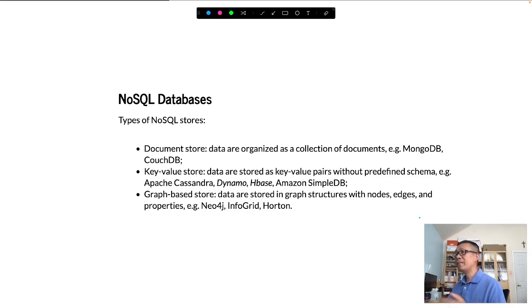There are also graph-based stores, in which data are stored in graph structures with nodes, edges, and properties. Neo4j, InfoGrid, Horton. So these are data where you can abstract it as a graph structure. So things such as social networks, or the interconnectivity of the internet, or the hyperlink structure of the web, right?